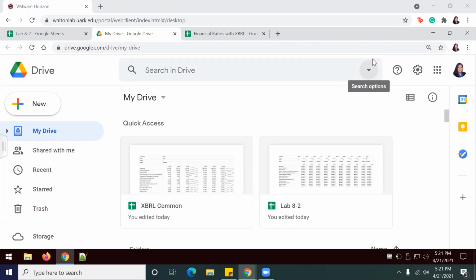So we're going to start off by opening a web browser. I already have my Google Drive open here, and I've logged into my Google account.